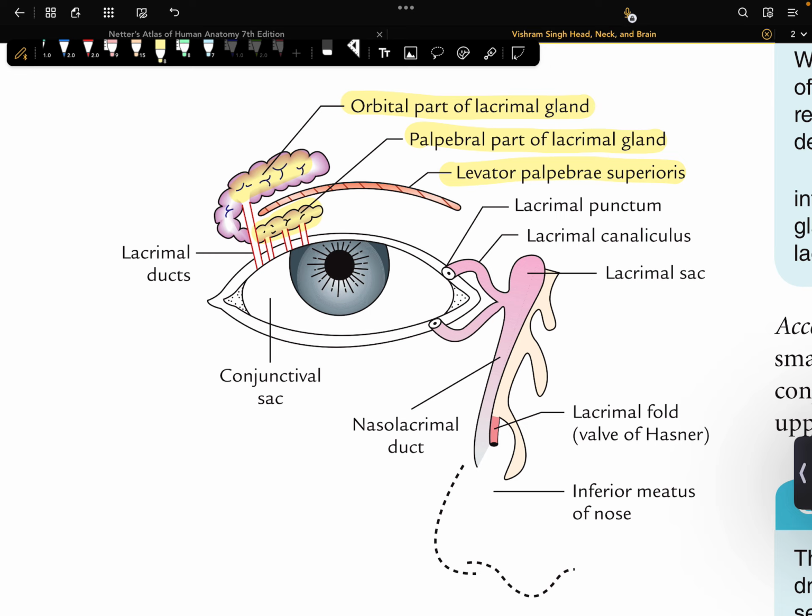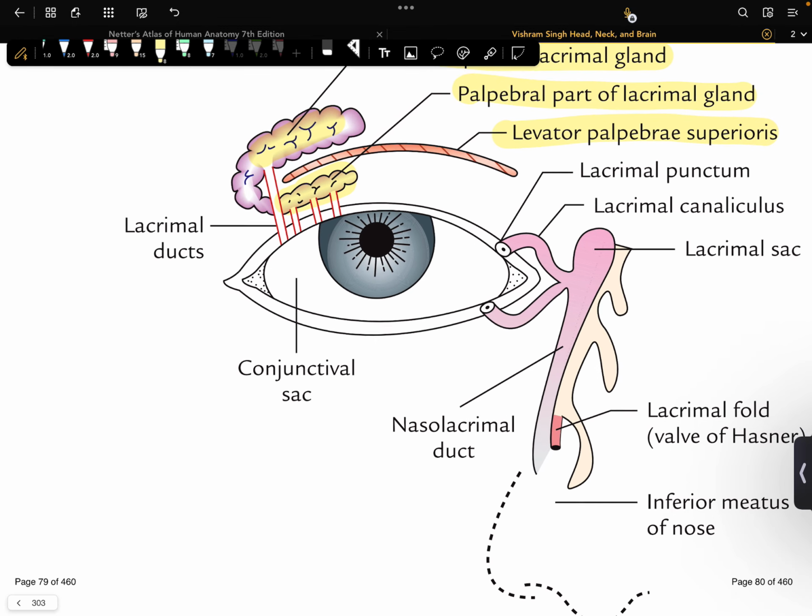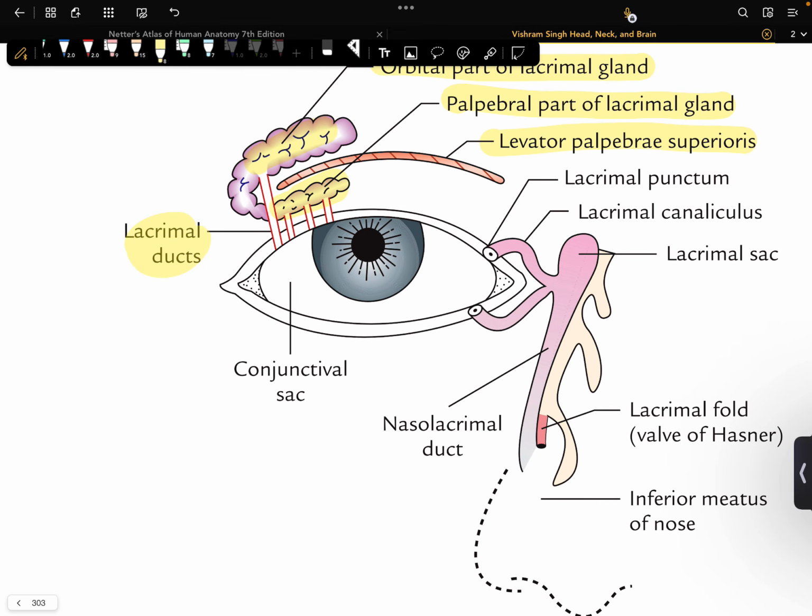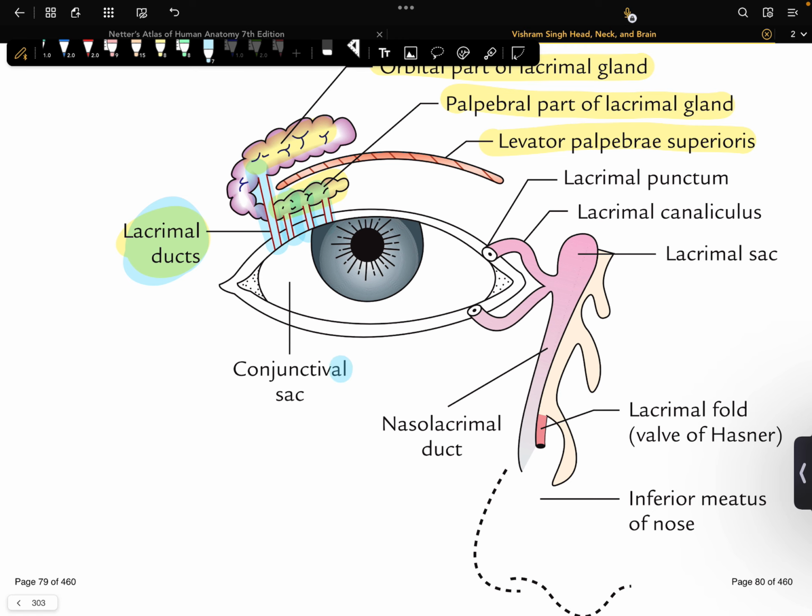In this picture we can see many lacrimal ducts, and here we can see a conjunctival sac.